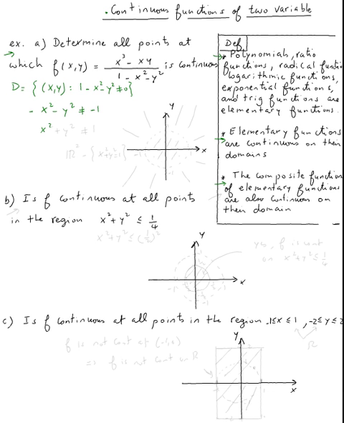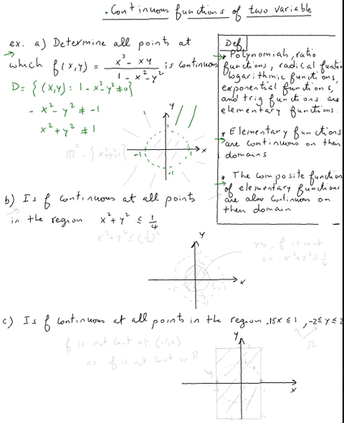Multiply by negative 1: you don't want x squared plus y squared to be 1. In other words, it's the whole R2, and all I need to exclude is the unit circle.